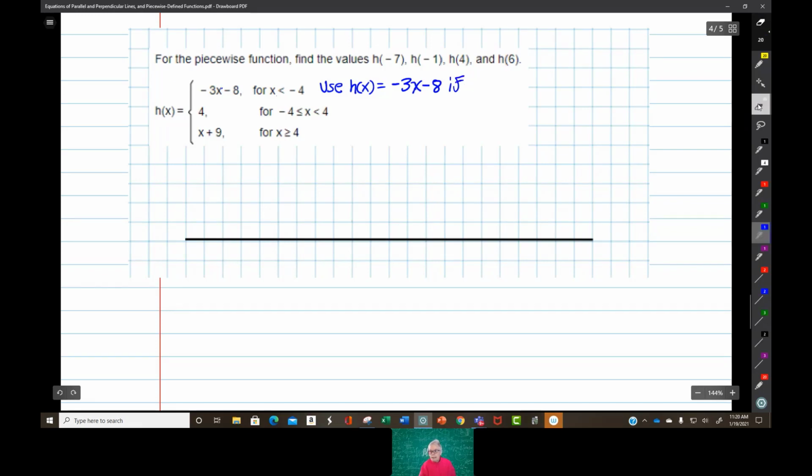For all x's, or values, that makes more sense. For values, which is the same as numbers, for values to the left of -4.